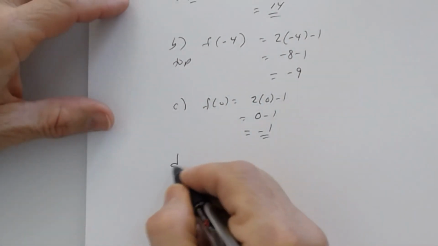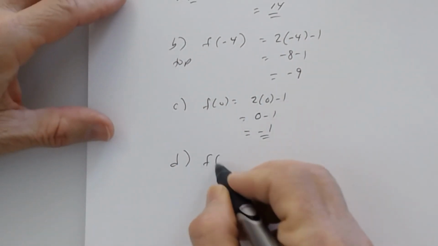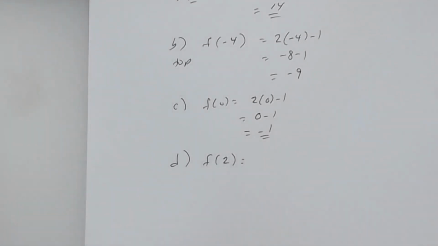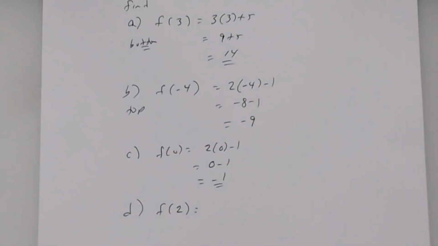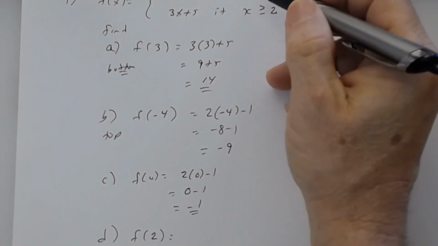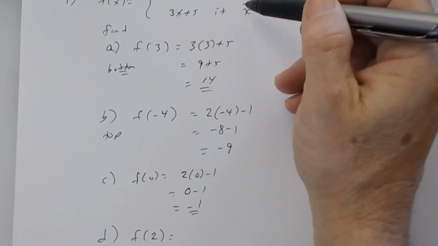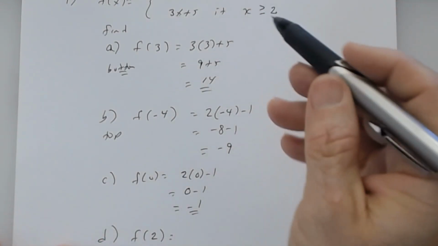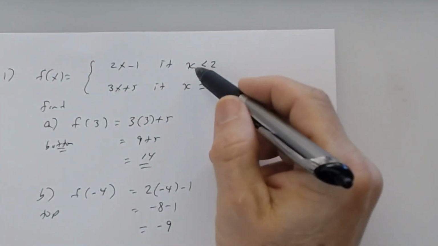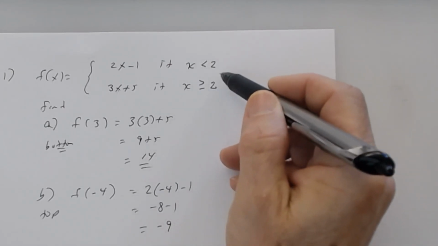Okay, D. Suppose you want to find f of 2. F of 2. Which one do you use? The bottom one. Why wouldn't you use the top one? Because if you use the top one, remember x is 2, right? So the question is this: is 2 less than 2?